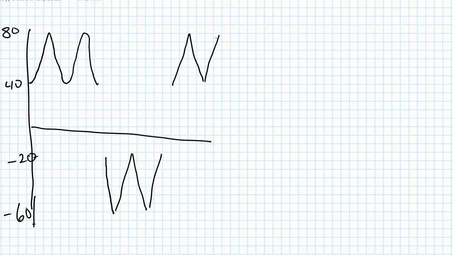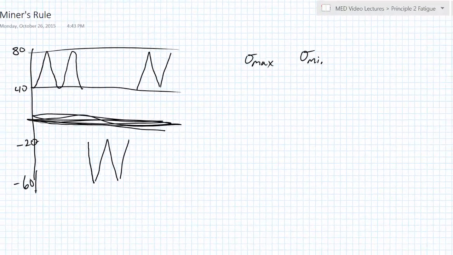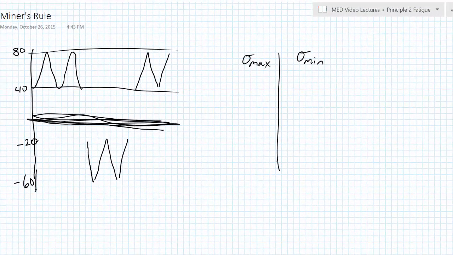What we can see here is that we actually have several different types of cycles. The most obvious ones that we can see are between 40 and 80. There's clearly a cycle there. So there's one cycle which goes from a sigma max and a sigma min. We'll build a little table here. There's clearly one cycle that goes between 80 and 40. There's clearly a cycle that goes between negative 20 and negative 60.